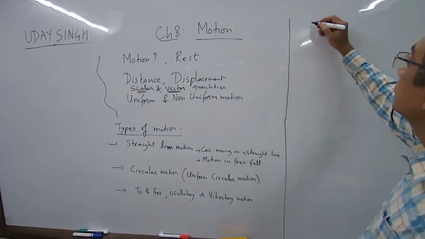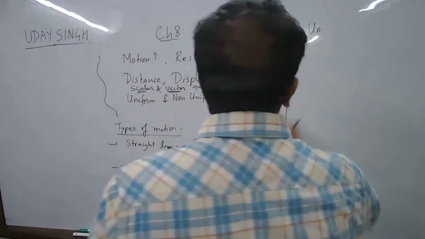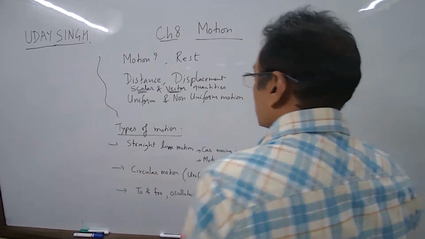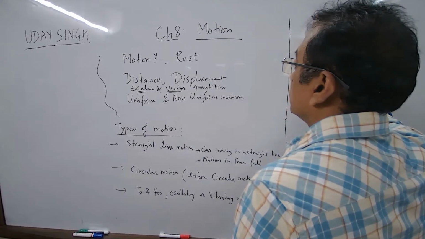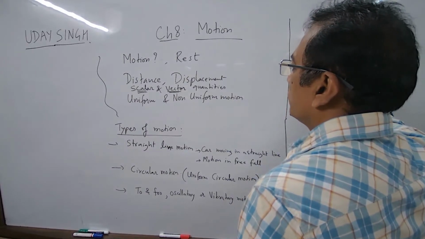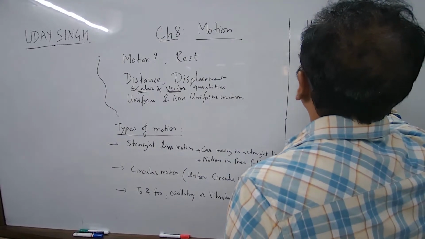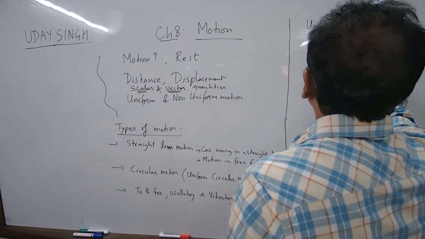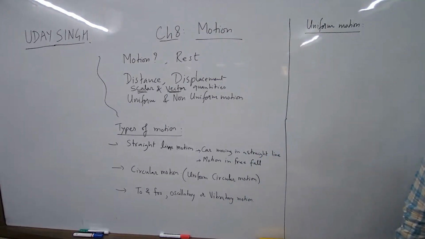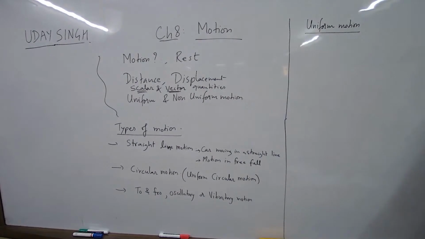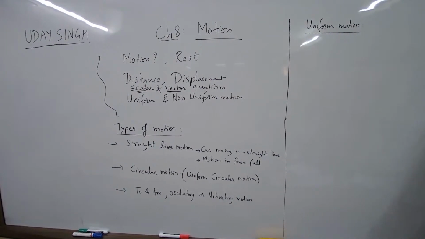Then what is uniform motion? Oh, before that, there is something called rate of motion. Okay, uniform motion. So in uniform motion, what happens? A body covers equal distances in equal intervals of time.